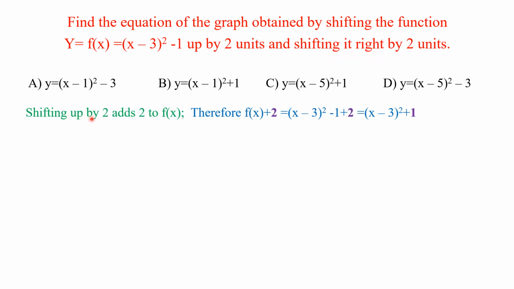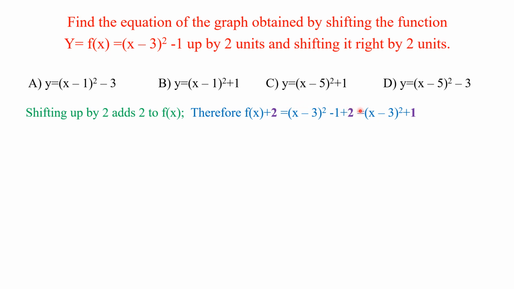Shifting up by 2 adds 2 to the function value. Therefore, f of x plus 2 is equal to (x minus 3) squared minus 1 plus 2. So in purple is the displacement.